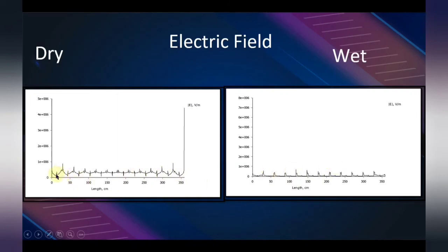For the dry, there are many values from 0 to 350. For the wet, it almost cannot be seen, almost disappearing at a certain length. So this is the electric field for the dry from top to bottom under dry condition, where the ceramic porcelain insulator might not suppress the result.